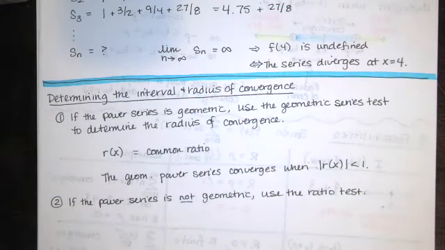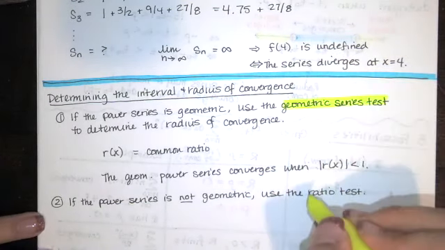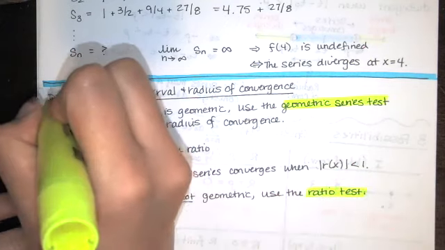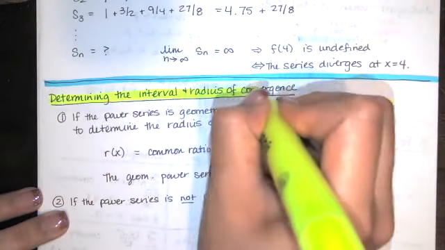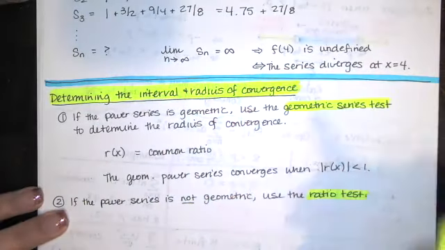Now, both the geometric series test and the ratio test allow you to find the interval where that power series is absolutely convergent. And that's what we want.